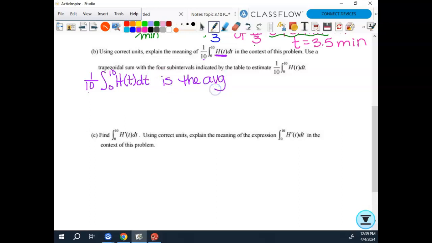So average because of this. It's the average, whatever this is, which represents the temperature of the tea in degrees Celsius from t equals 0 to t equals 10. What are the units? Minutes? Minutes.